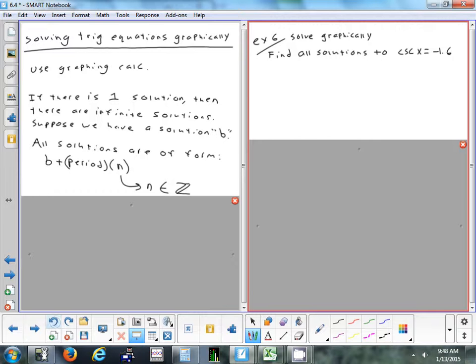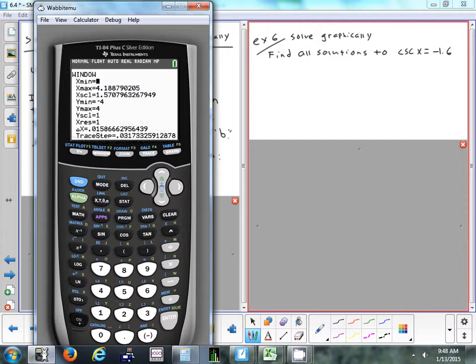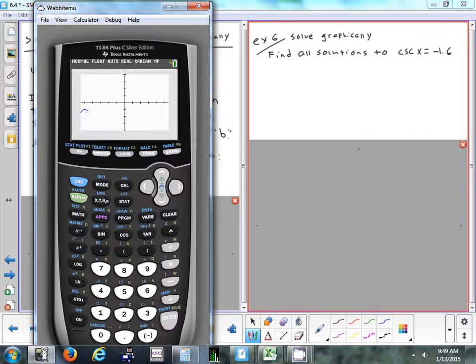Okay, so let's see if we can get this one. Where is the cosecant equal to negative 1.6? So type in cosecant. Type in negative 1.6. And let's do zoom 7. Now remember, you're looking for all the answers in one period.